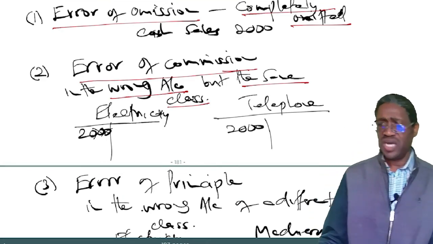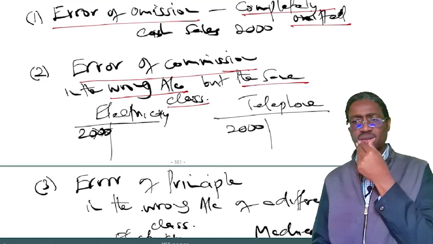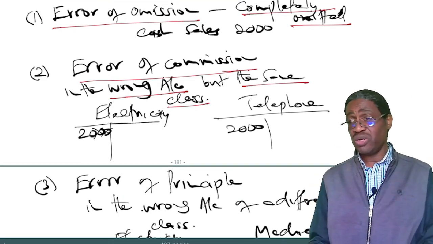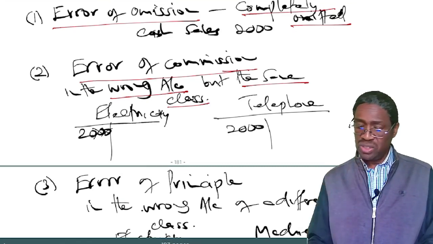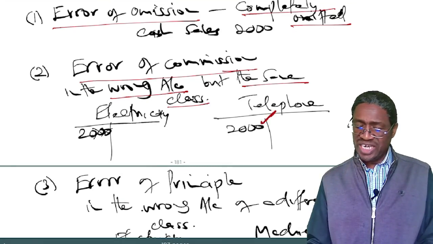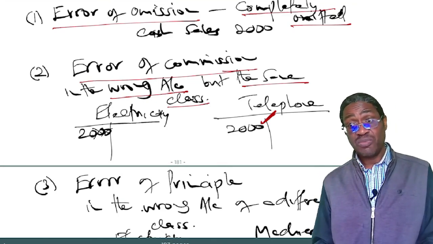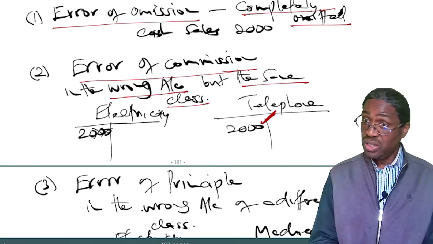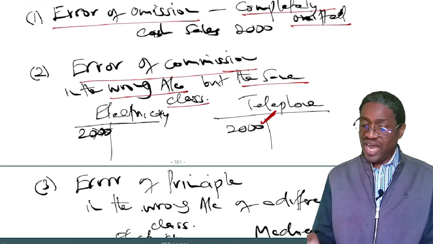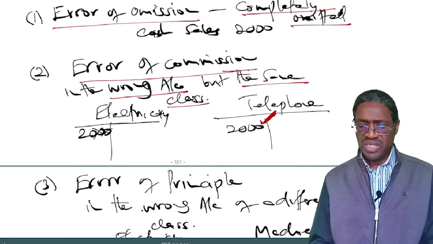And by the way, let me ask you, if you are to correct this error, what do you think you will do? You had electricity you paid of 2,000, which was recorded in the telephone account. So we want to remove the error from the telephone and take it to electricity. I debited telephone by 2,000 instead of debiting electricity.